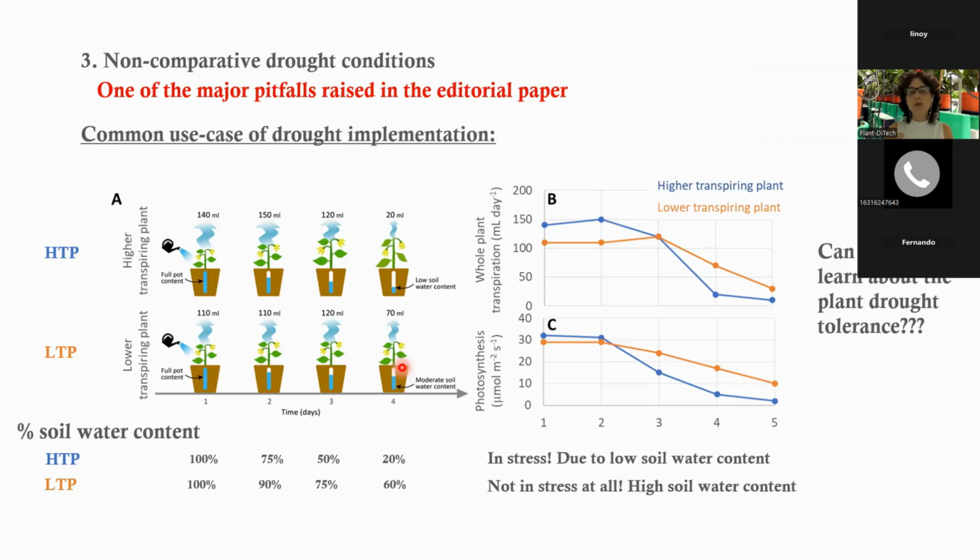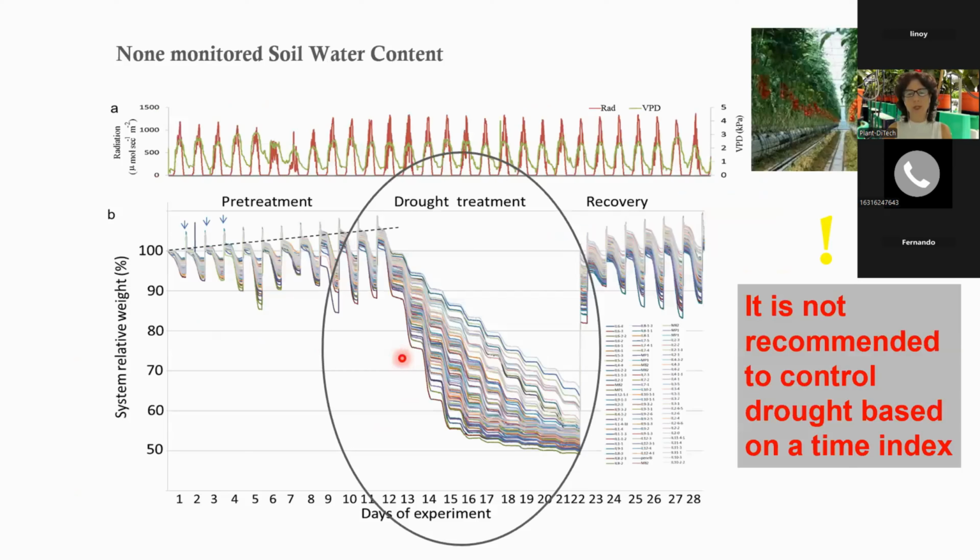So what do we need to do in order to really assess drought conditions? We need to provide them with the same soil water content condition. In this example, this is measured by the system. This is just raw data, not analyzed, of a very simple kind of drought experiment.